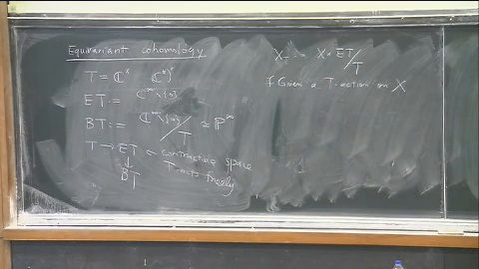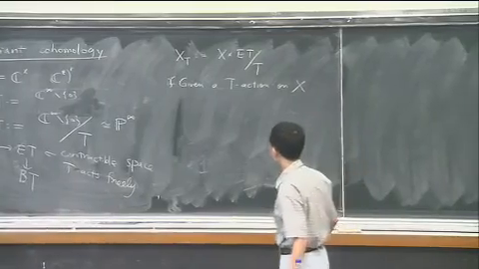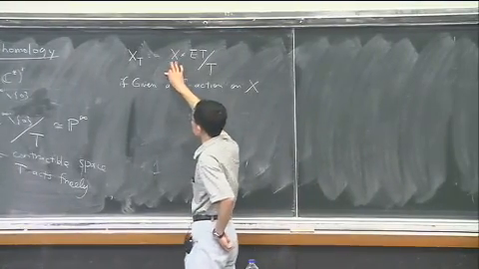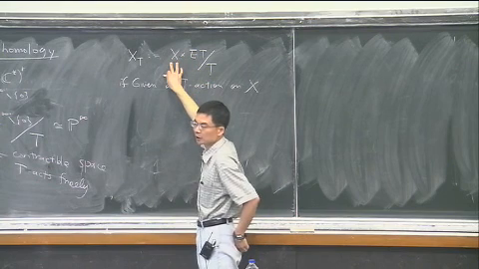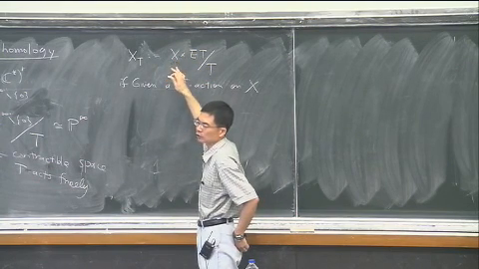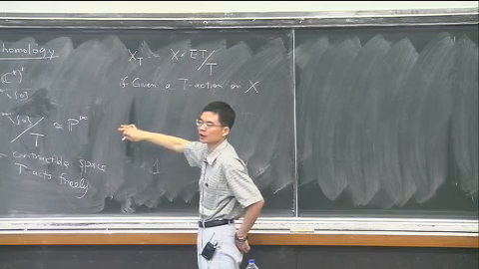So this quotient makes sense; it's the diagonal action. Does that make sense? For example, if X itself is T, then this will be just the same as ET. If T acts freely on X, then this will be topologically isomorphic to a point, because it's contractible.